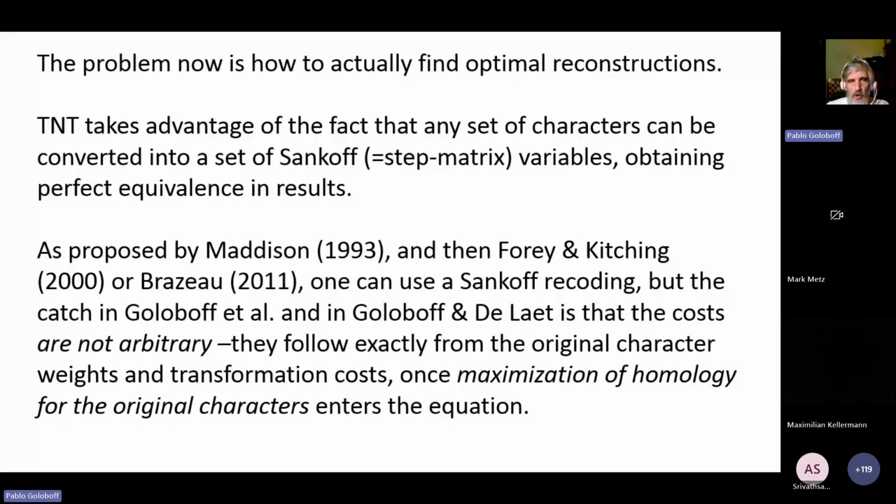Those costs follow exactly from the original character weights and transformation costs, once you let maximization of homology for the original characters enter the equation. And that maximization of homology for the original characters is what Madison never really had in mind.